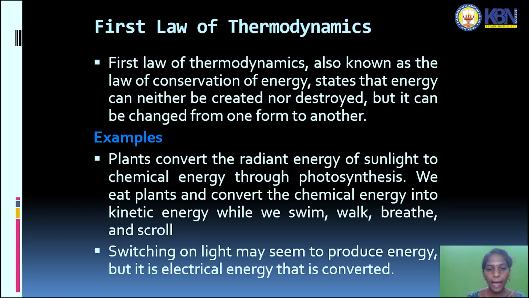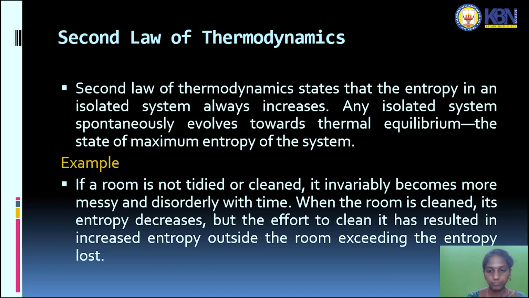We eat the plants and convert the chemical energy into kinetic energy while we swim, walk, breathe and scroll. Switching on a light may seem to produce energy, but it is electrical energy that is converted.